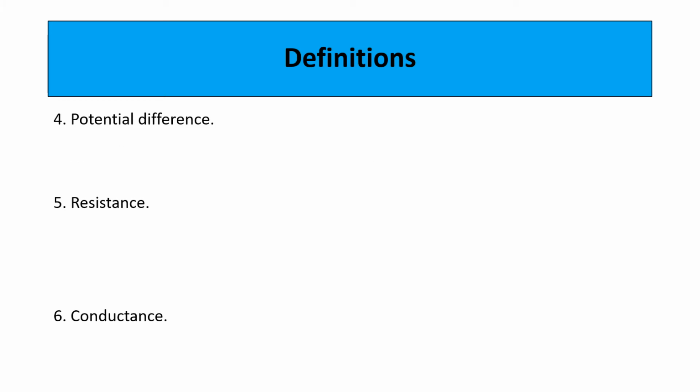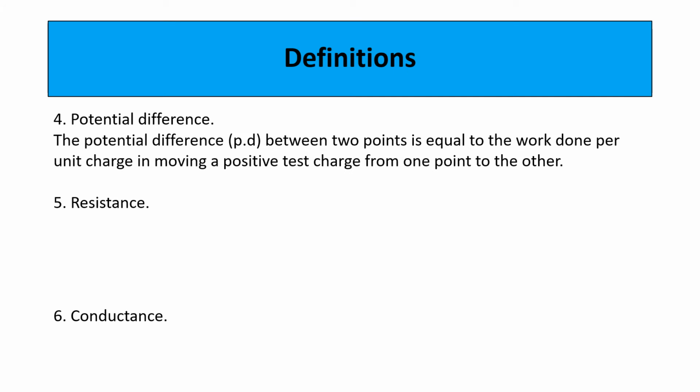Define potential difference. The potential difference between 2 points is equal to the work done per unit charge in moving a positive test charge from one point to the other. Please watch the video for better understanding of these definitions.